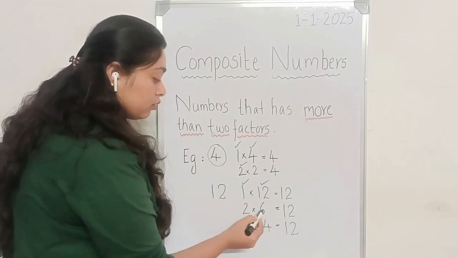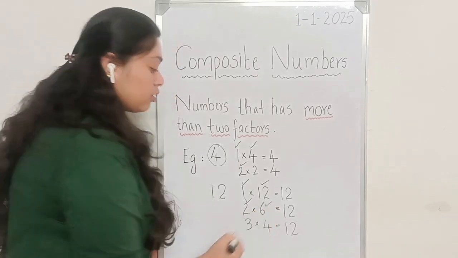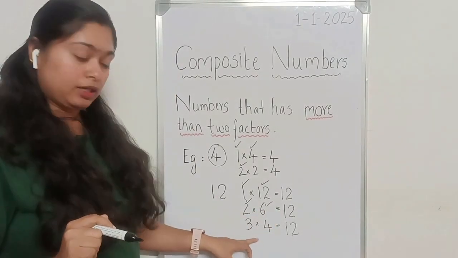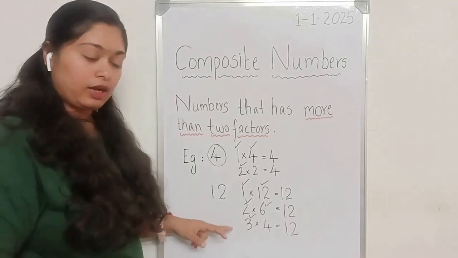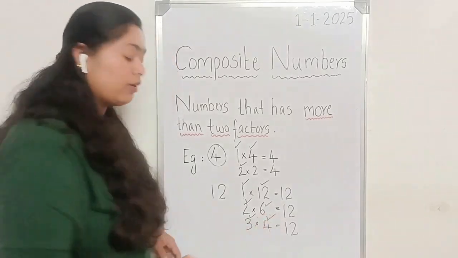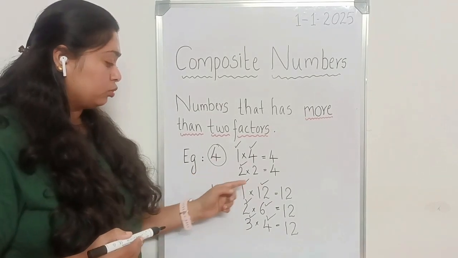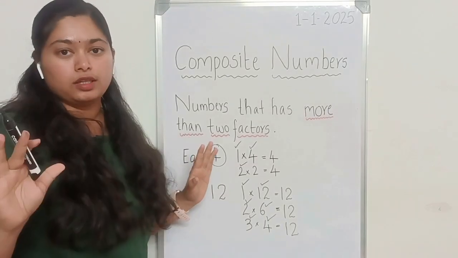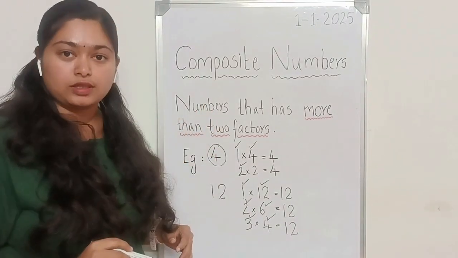I can divide 12 with a 6 without a remainder. So, 2 and 6 are also factors of 12. Same way, 3 multiplied by 4 is 12, which means 3 can also be the factor. 4 is also the factor of 12. So, see, already we have 1, 2, 3, 4, 6 and 12 as factors, which means definitely 12 is not a prime. Then 12 is a composite number.